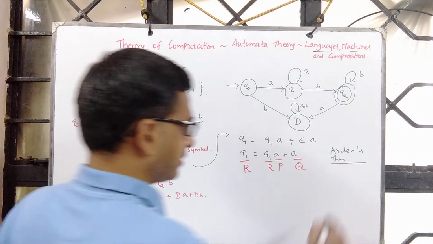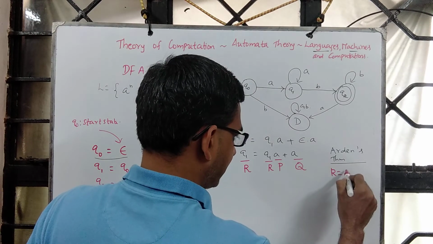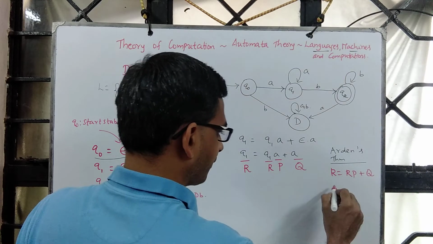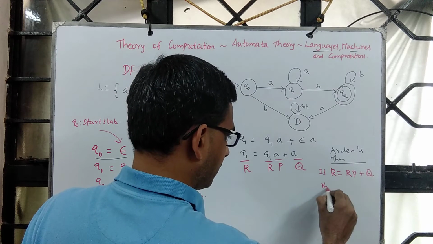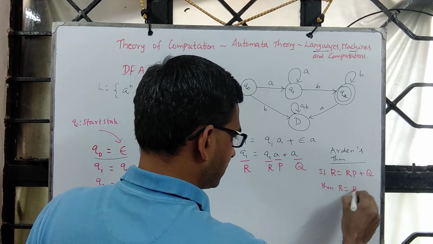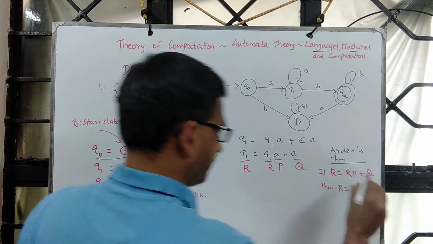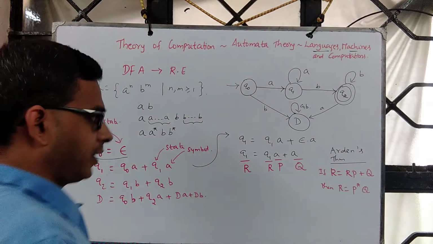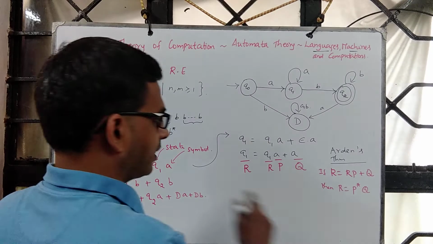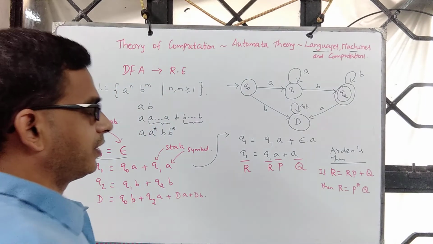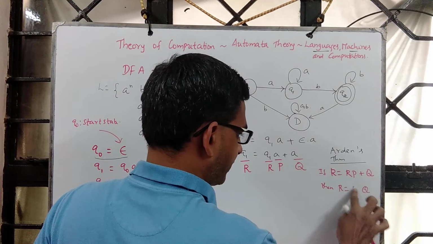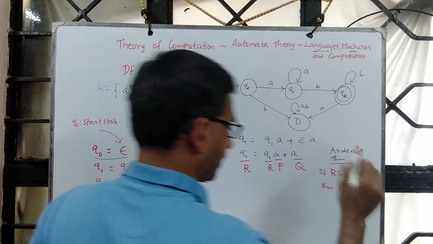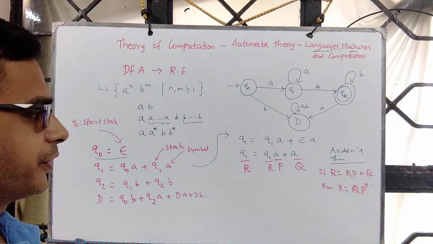If this is the case, then it says if R is equal to RP plus Q, then R is Q P star.